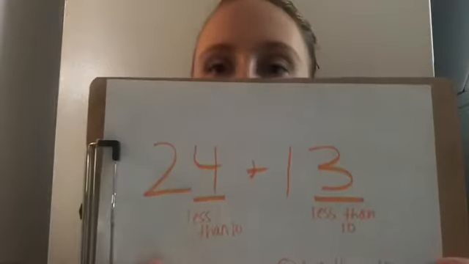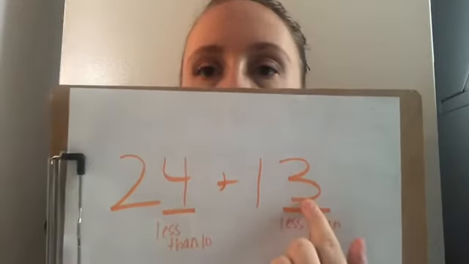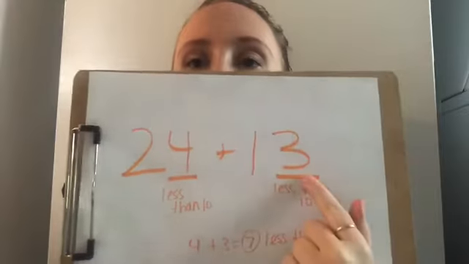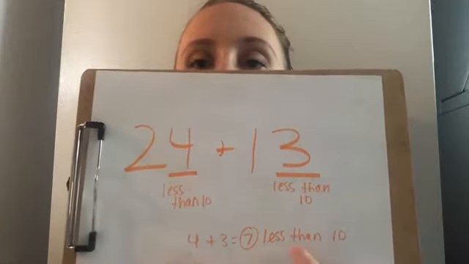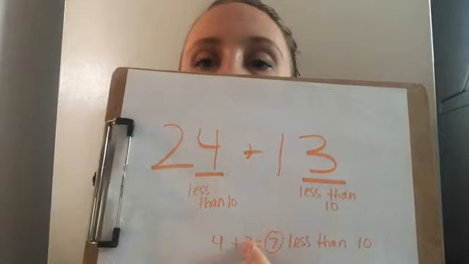What that means is that when you have two numbers that you are adding together, like 24 and 13, if the ones digits, this ones place right here, the 4 and the 3, when you put those two numbers together, if they are less than 10, so 4 plus 3 equals 7, which is less than 10. 4 is less than 10, 3 is less than 10, 4 and 3 together is less than 10. Those are the types of problems that we are going to work on solving today.